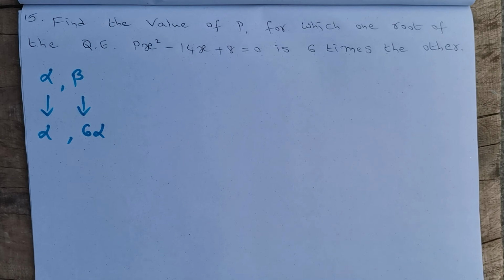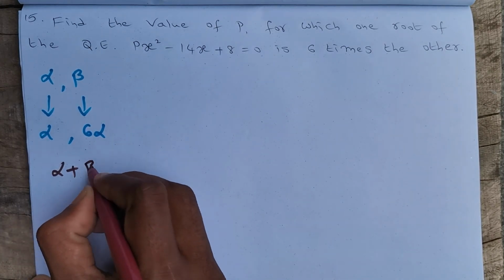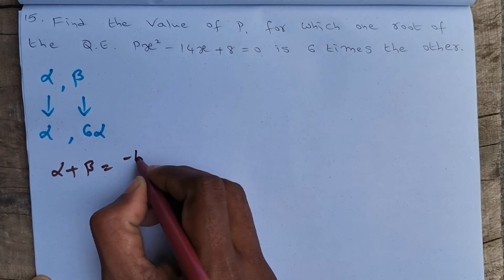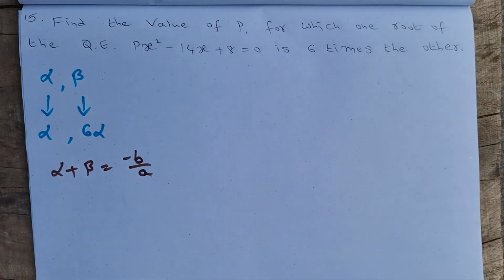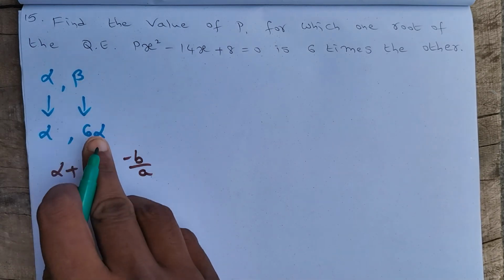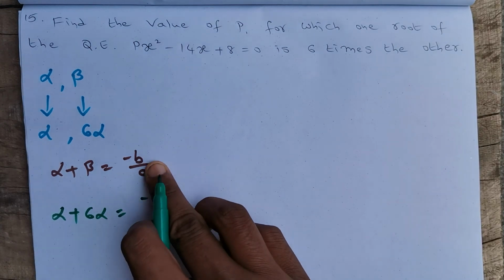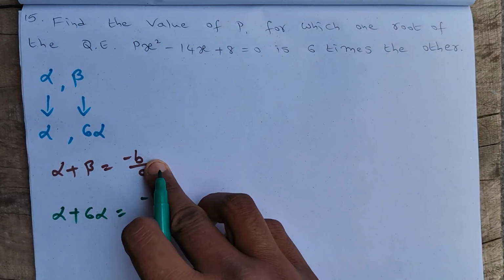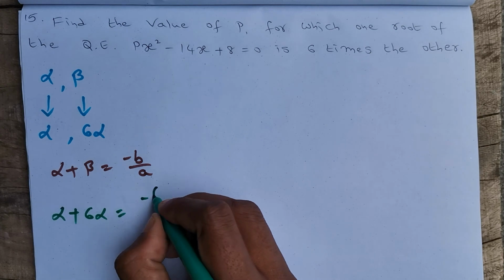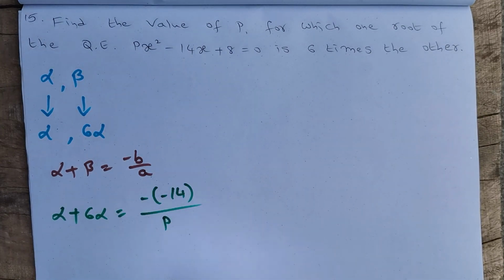So now I am going to do the sum of the zeros. Alpha plus beta. The sum of the zeros is nothing but minus b by a. Alpha is alpha only, plus beta is nothing but 6 alpha, is equal to minus, as it is, what is the b value, that is the x coefficient, minus 14, divided by a, the x square coefficient, p.